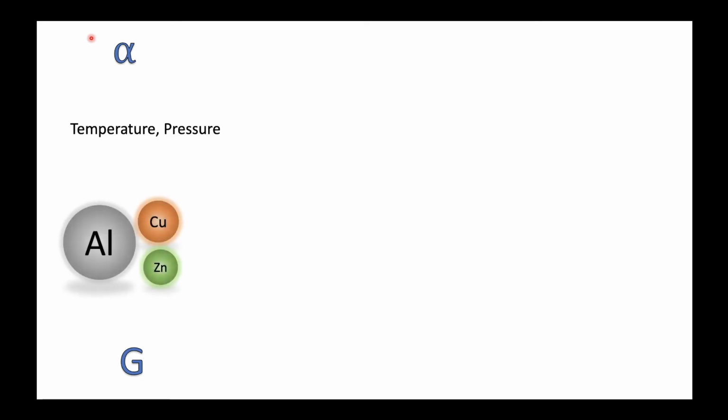So this function is really important because it defines the stability of the phase, and that is what we are trying to look at. Now we have to figure out what the variables are, and in general cases the variables are the temperature and pressure, like we saw before, and the amount of components that we have. So an important thing to look at is how G is sensitive to a change in temperature, and that we mathematically represent like this: a change in G with respect to a change in temperature.